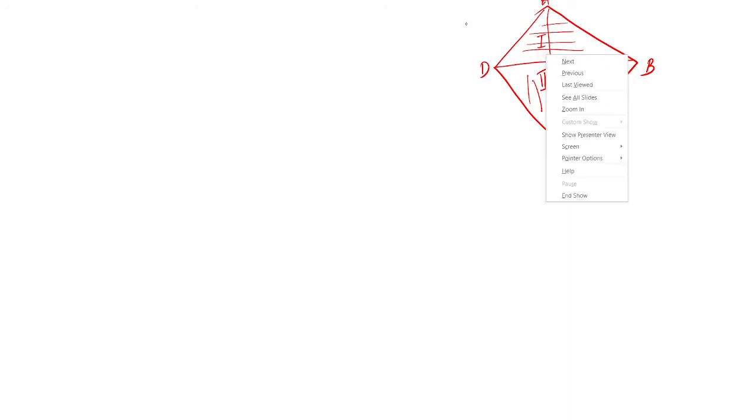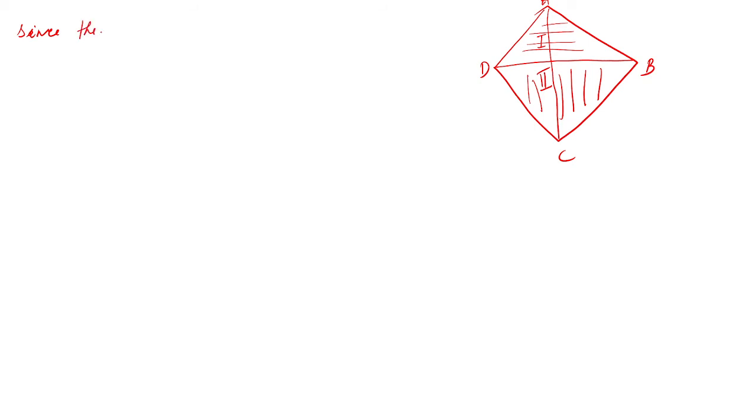So here you can write solution. Since the kite is in the shape of a square, therefore what does this mean?